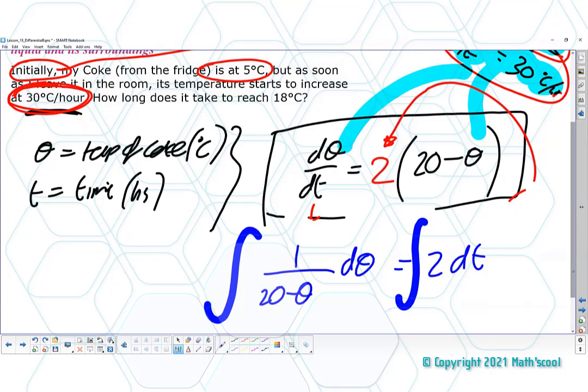That will tell us what the constant was. And then once we know what the constant was, we've got our equation, and then we can just say, okay, how long does it take to reach 18 degrees C? We can just put in theta is 18 and work out what t is.